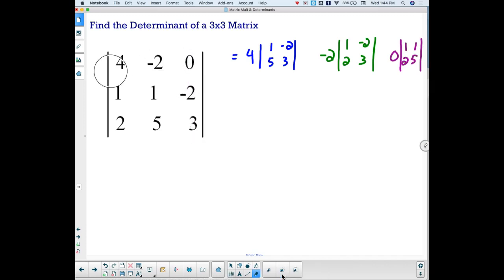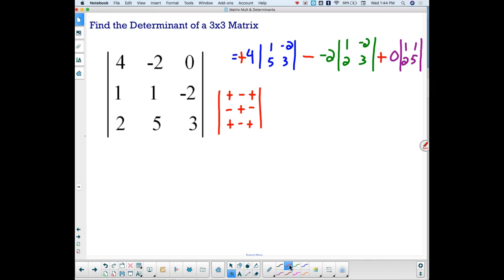But to go along with that, I've got to remember that the pattern is plus, minus, plus, minus, plus, minus, plus, minus, plus, depending upon which row I take. So I would have a plus sign there, a minus sign there, and a plus sign there.